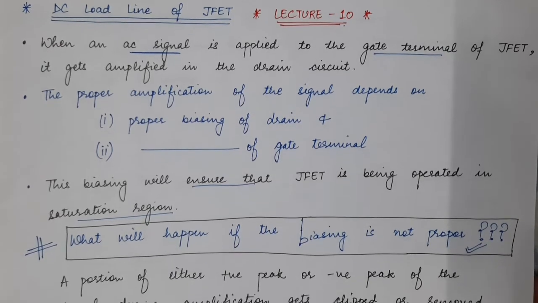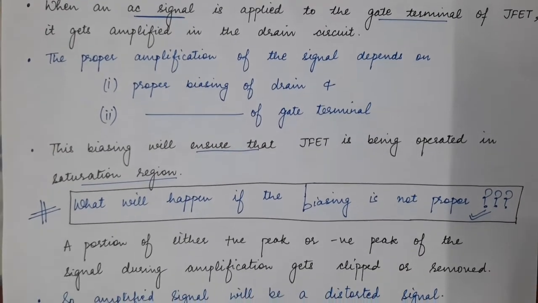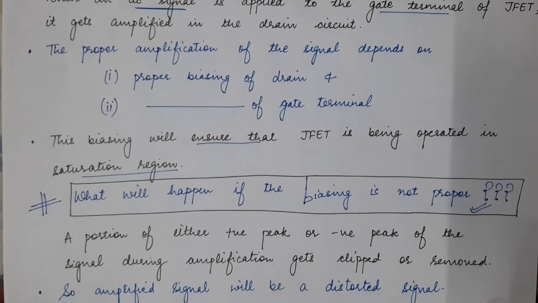Some of the portion will not be there. It means the amplified signal will be a distorted signal if the biasing is not proper. So proper biasing of the junction field effect transistor's terminals is very important, because otherwise either the positive peak or the negative peak of the signal will be clipped during amplification, and the amplified signal will be distorted.